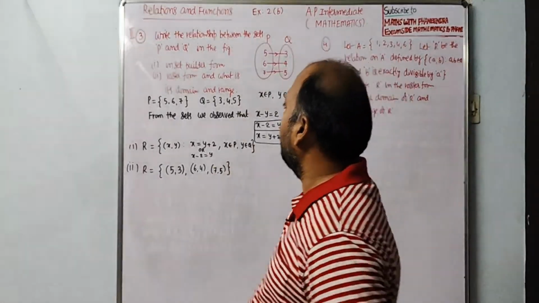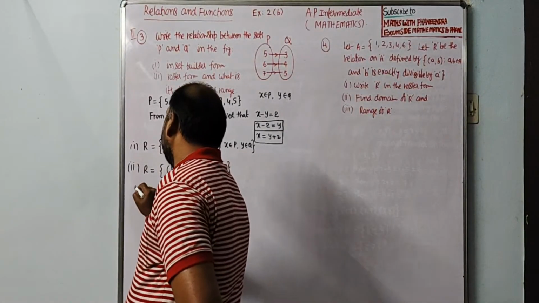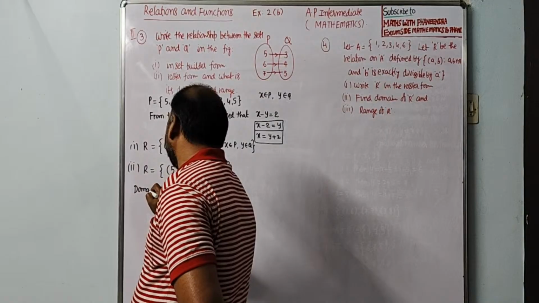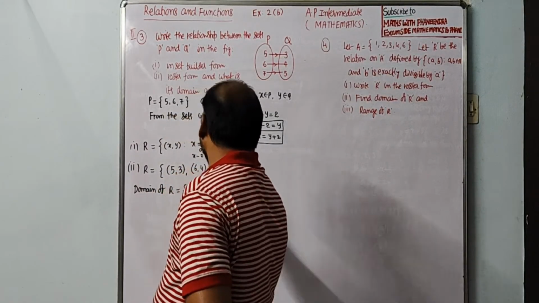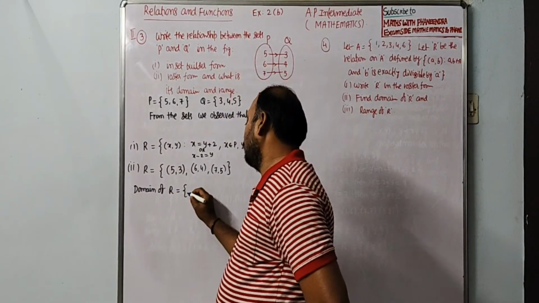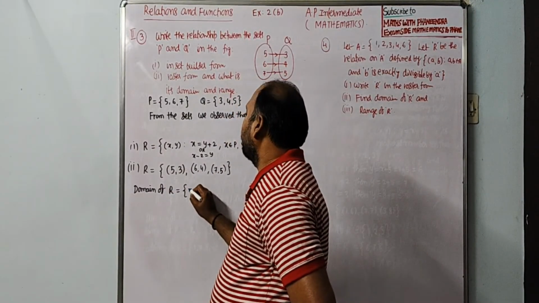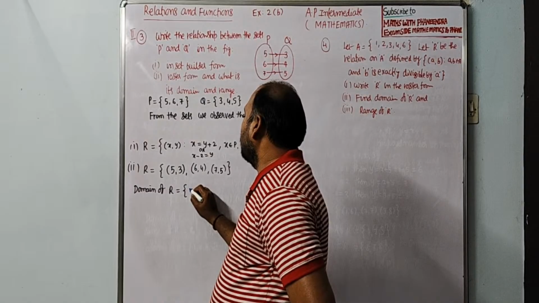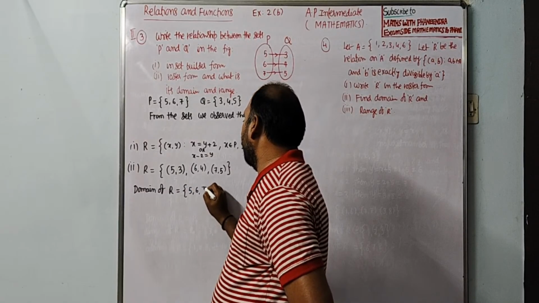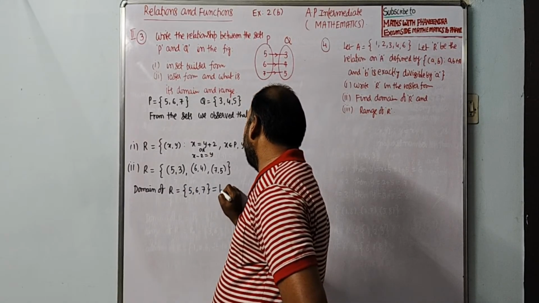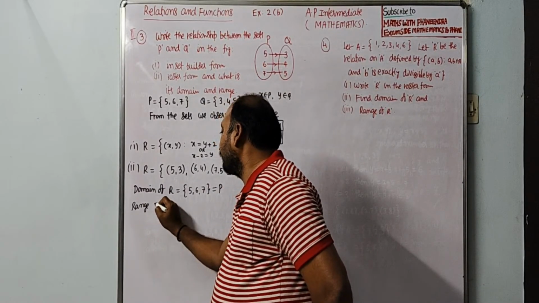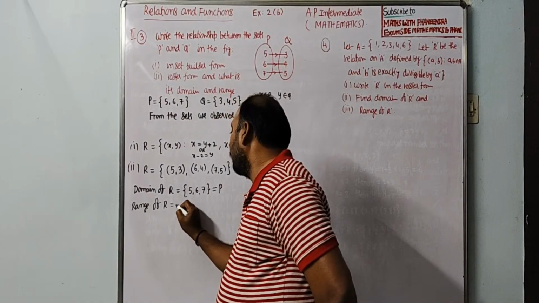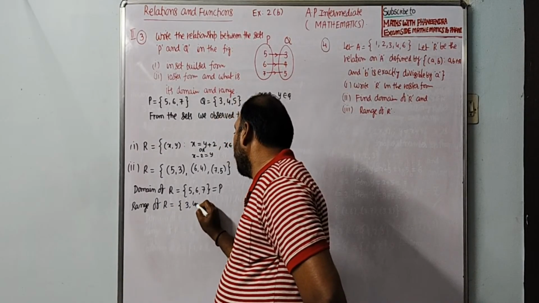This is roster form. They are asking to write domain and range. So domain of R is P only here. That means, what is the domain? 5, 6, 7. It is nothing but P. Next, the range of R. So 3, 4, 5.